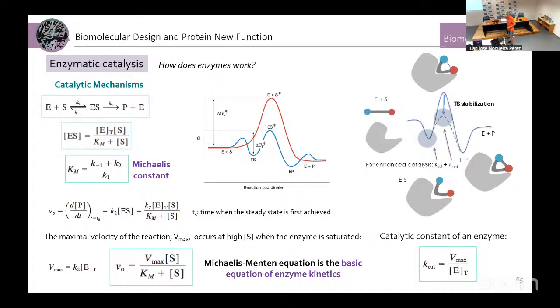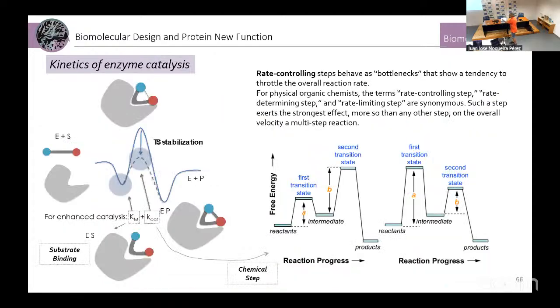So these are two factors that depend on different types of free energies that we need to take into account when analyzing enzymatic catalysis, and of course, when trying to design new enzymes. One is substrate binding, described by the KM.